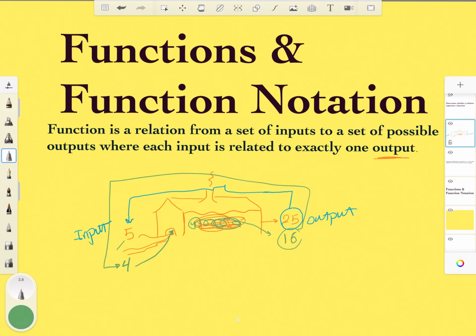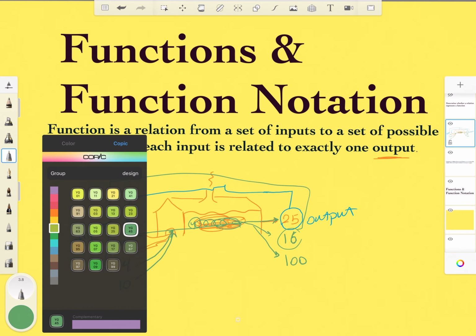There's nothing to do with the 5. 5 and 25 have something in common, but 16 is related to 4. If 10 went inside, then we get a hundred. So 100 will be the output of 10.